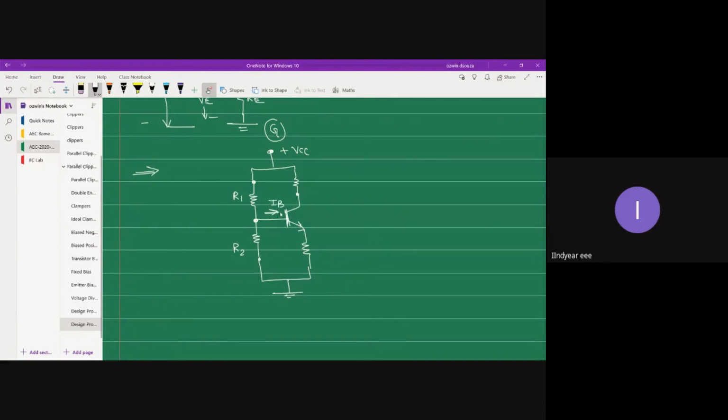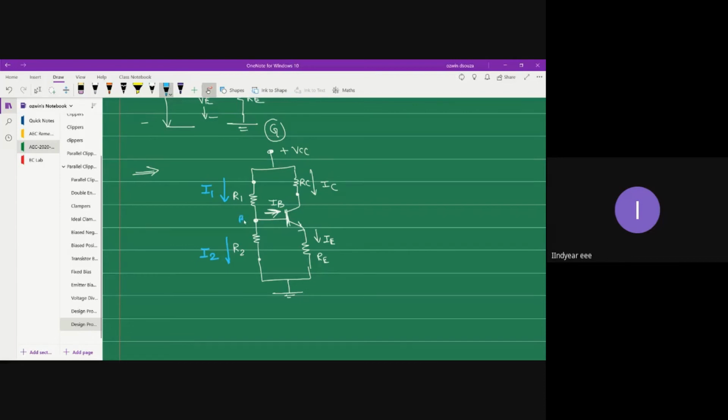This is your base current IB, emitter current, collector current. So IB plus IC will flow out as IE. Now through R1, let's consider current I1, and through R2, let us consider a current I2.